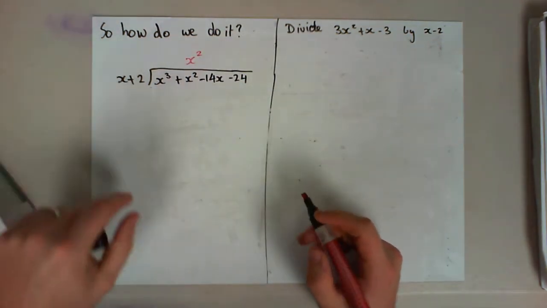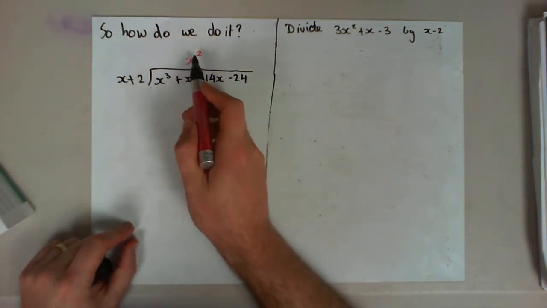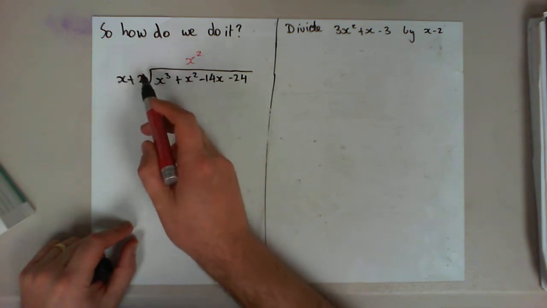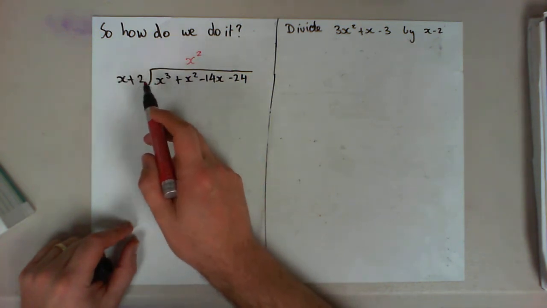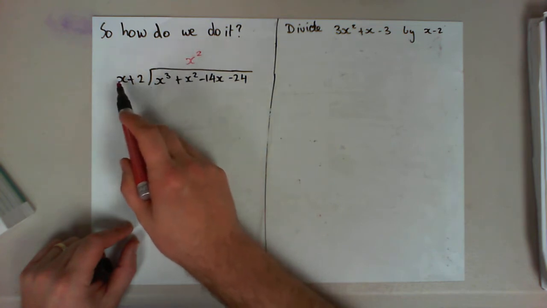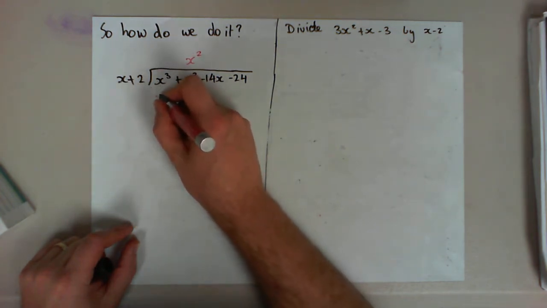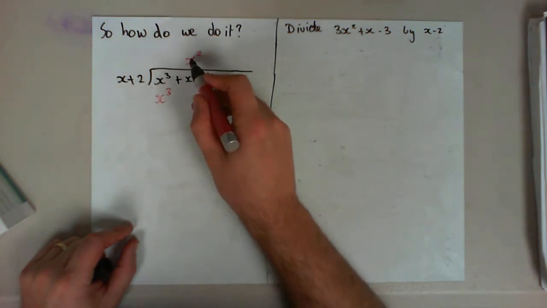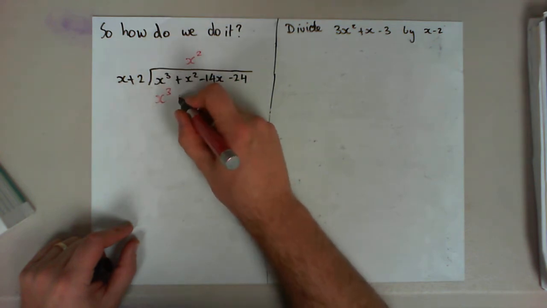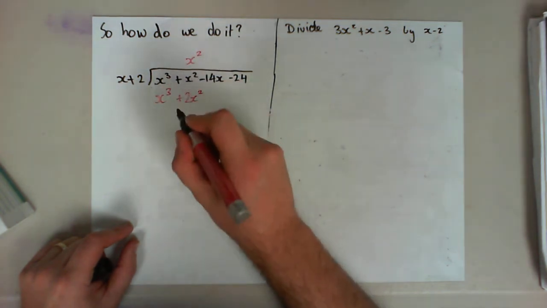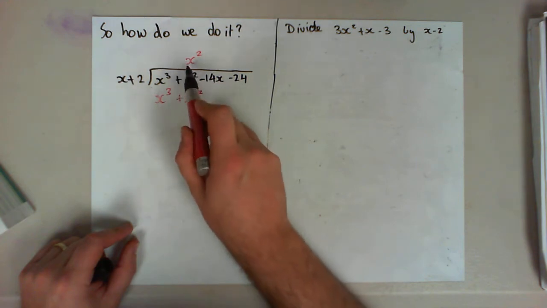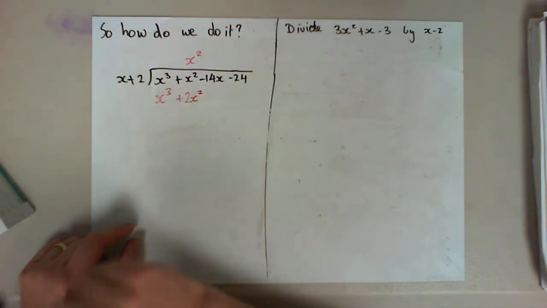Now we multiply x squared by each of these terms. x squared times x leaves us with x cubed, and x squared times 2 leaves us with 2x squared. So we multiply back through everything here.